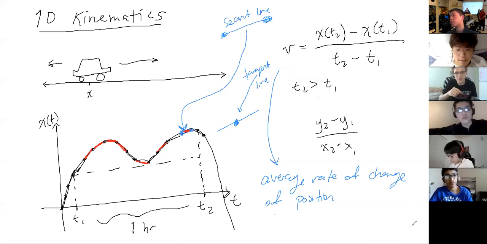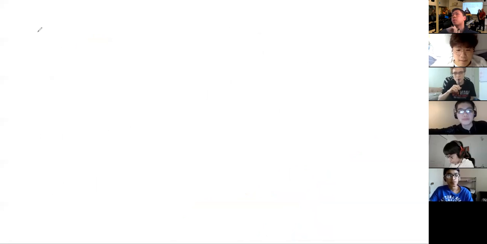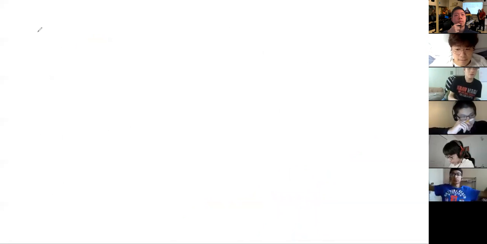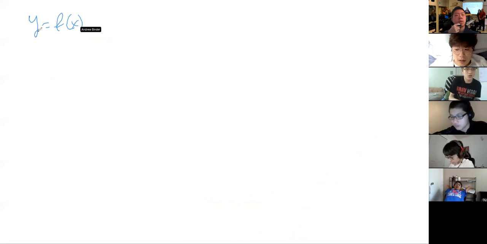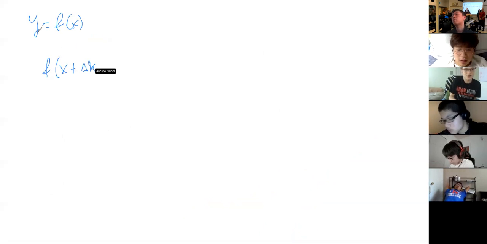Yes. If we write out what we have, if we have our function y equals f of x, then our average rate of change is going to be f of x plus some delta x minus f of our initial x over this delta x.